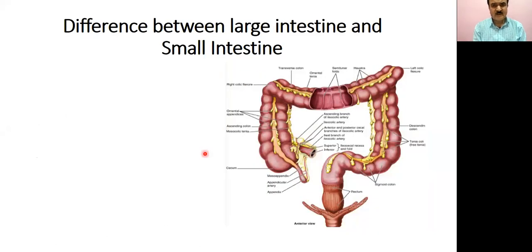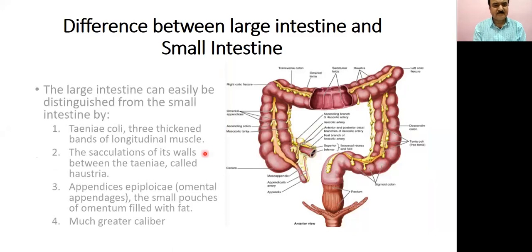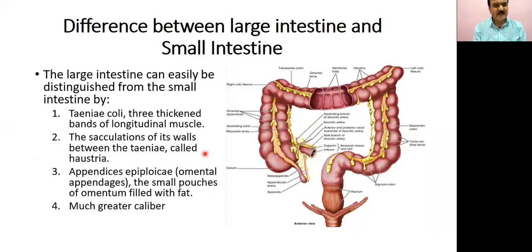What is the difference between the large intestine and the small intestine? The large intestine can be easily distinguished from the small intestine by the taenia coli, three thickened bands of longitudinal muscle. So this is the taenia coli. We'll discuss it in further detail. The sacculations of its wall between the taenia coli are called haustra.